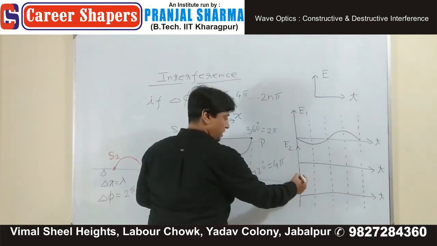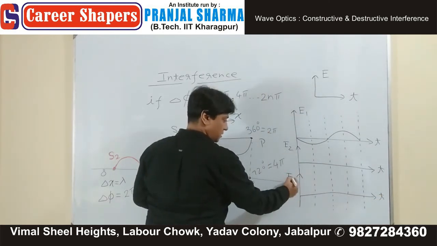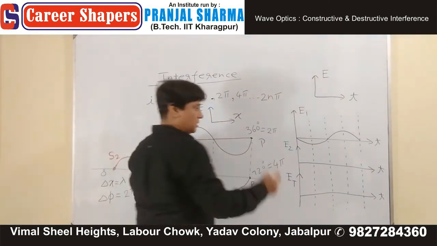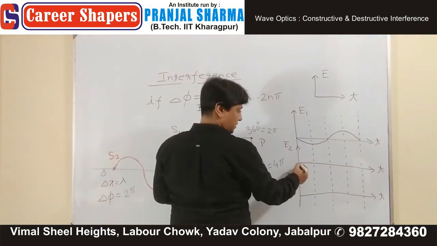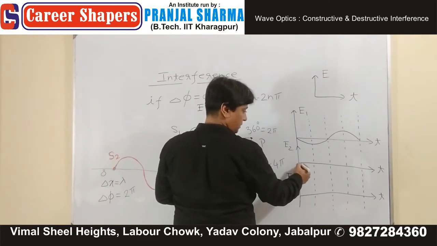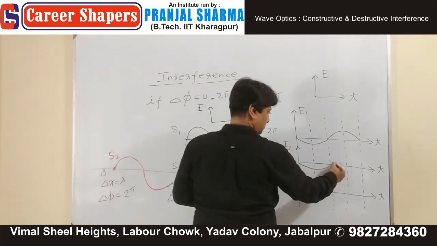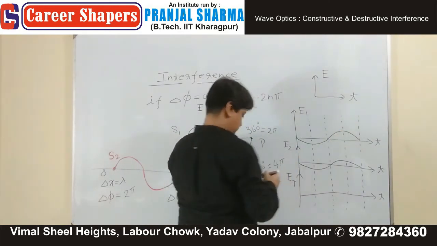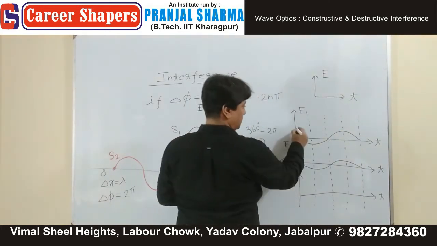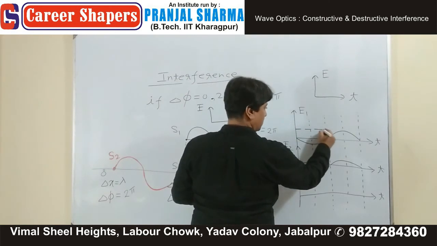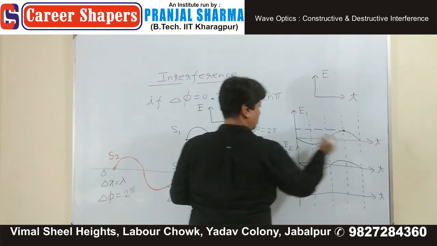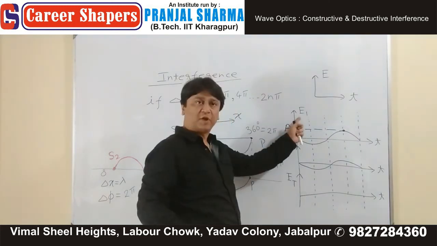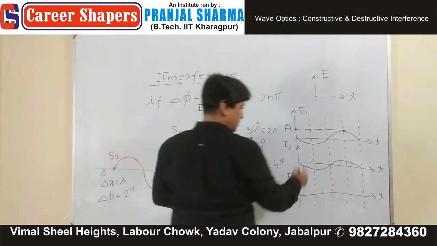We'll be plotting E total. Your E2 will look like this. This amplitude is A, the maximum electric field due to source 1.